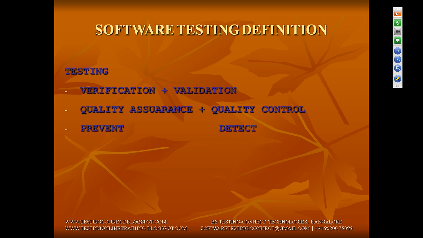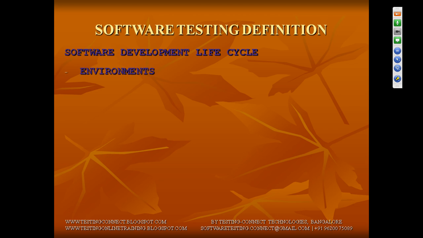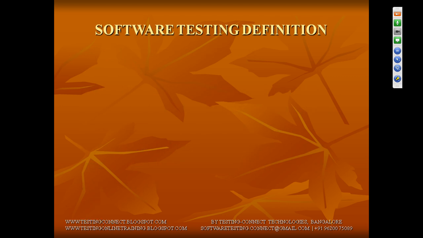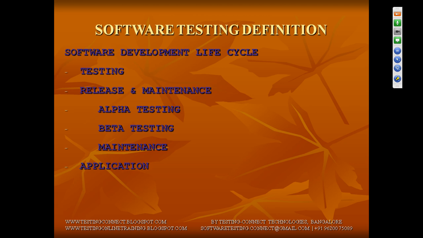Okay, and one more very simple topic. If you observe in my session today, sometimes I am saying application, sometimes I am saying project, sometimes I am telling product, right?